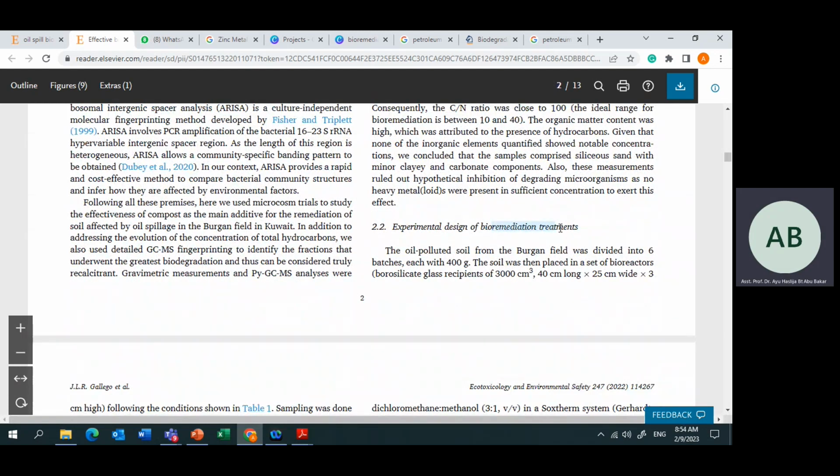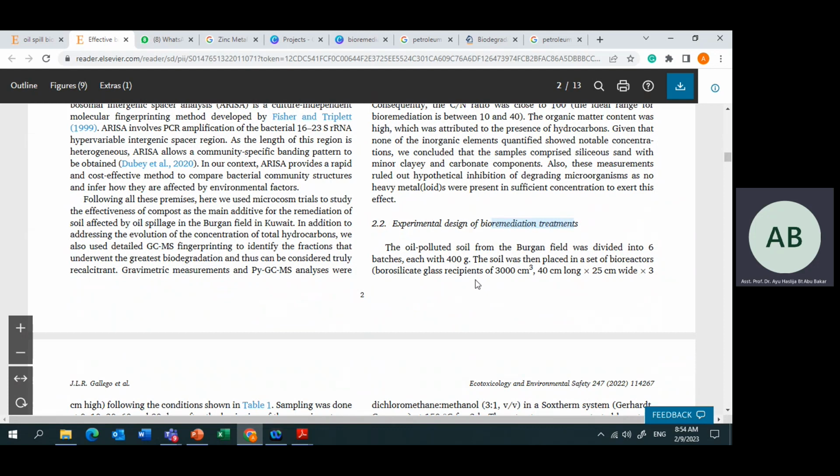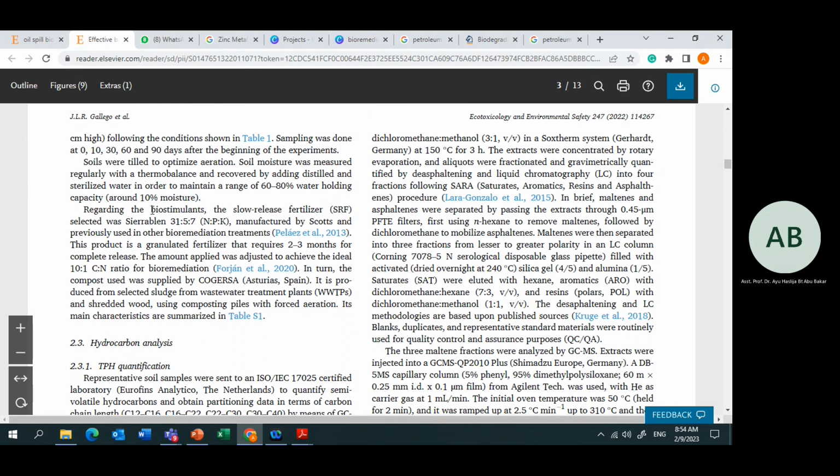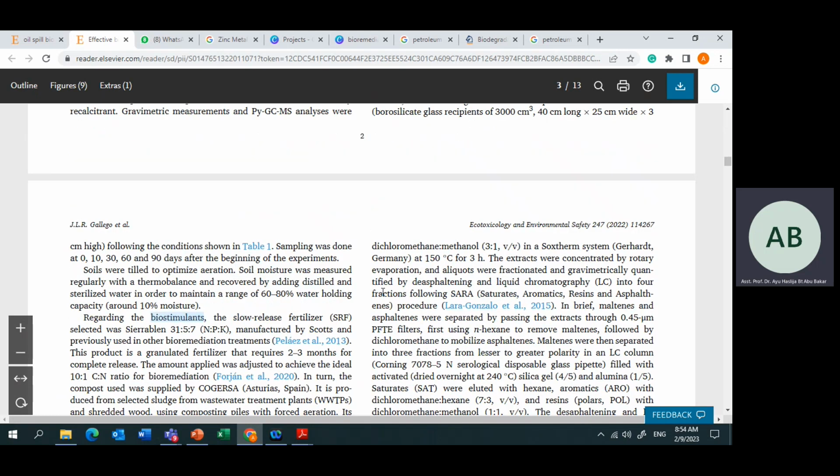Here, bioremediation treatments. What are the bioremediation treatments that they use? For this one, for example, they use biostimulant. So what is the biostimulant and how is the mechanism? At least you can explain how is the technique and how is the process.